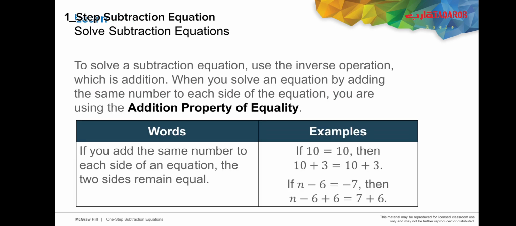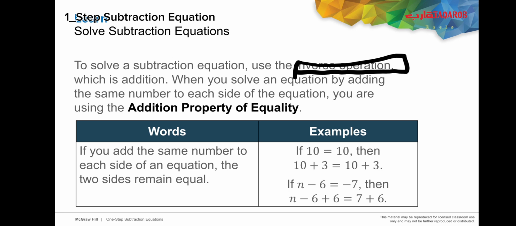How about solving subtraction equations? To solve a subtraction equation, I will use the inverse operation. If you remember, I said before that for addition, the inverse is subtraction. Now, for subtraction, the inverse operation is addition.